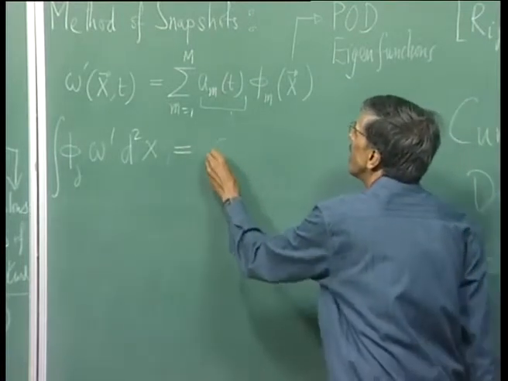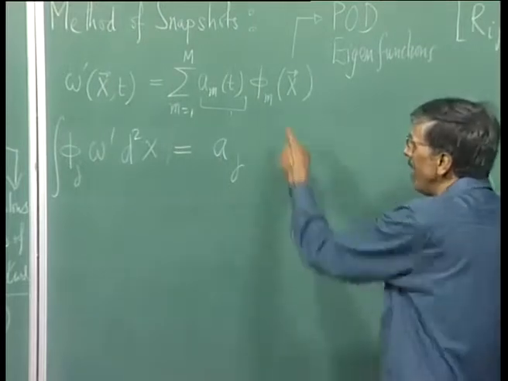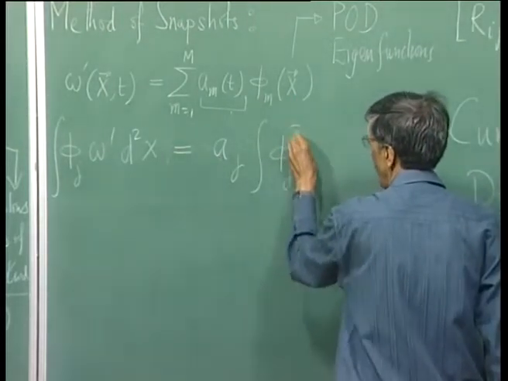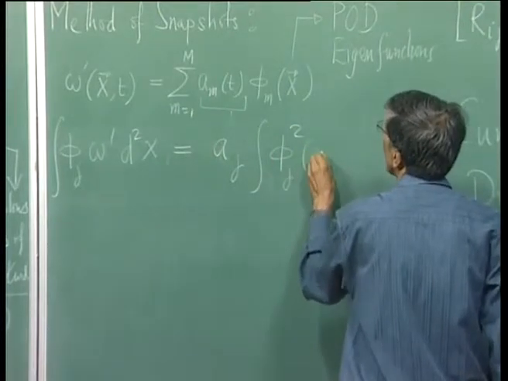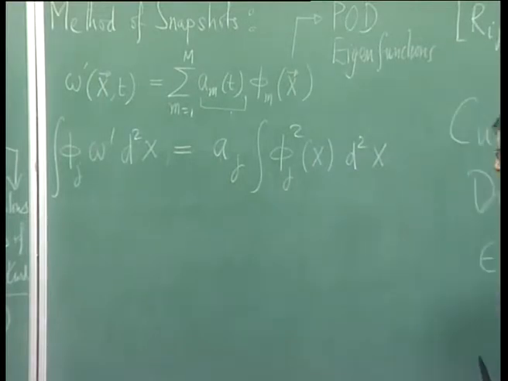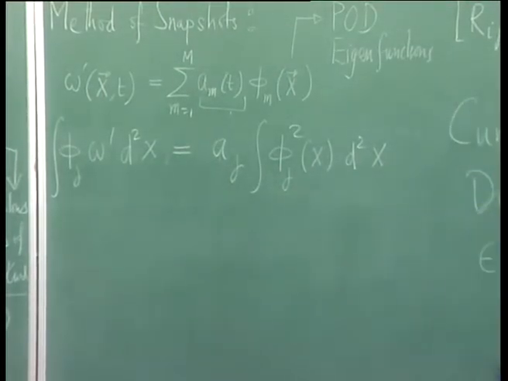Only A_j times the norm will survive, so I can get A_j. That's it, right? So this is the whole concept.